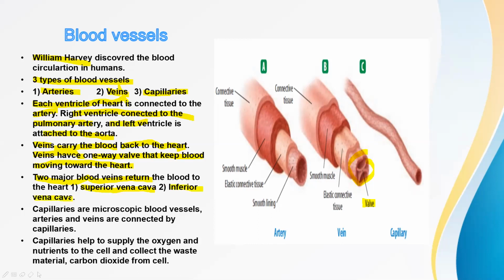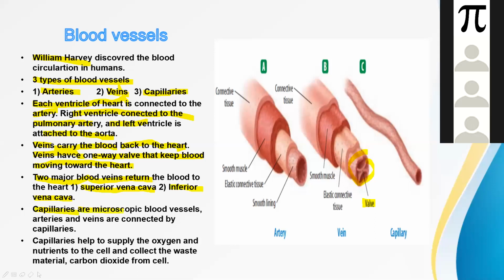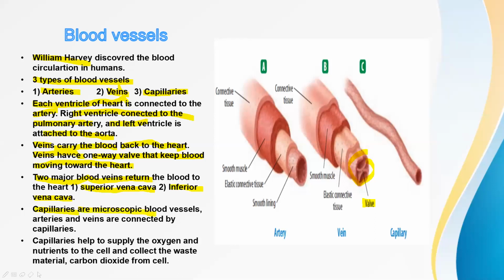Well, let's talk about the third type of blood vessels, capillaries. Capillaries are microscopic blood vessels, and both arteries and veins are connected by capillaries. Capillaries are the connectors between the arteries and veins.